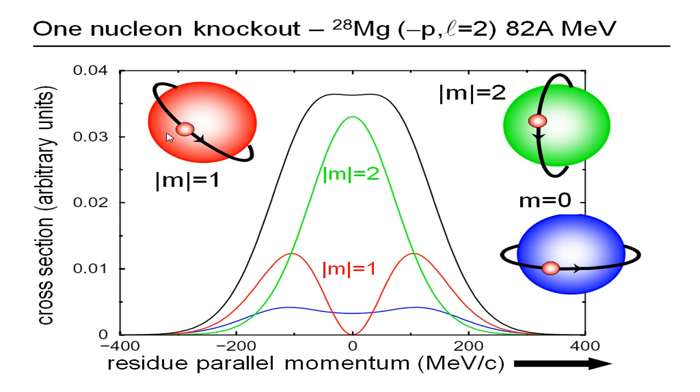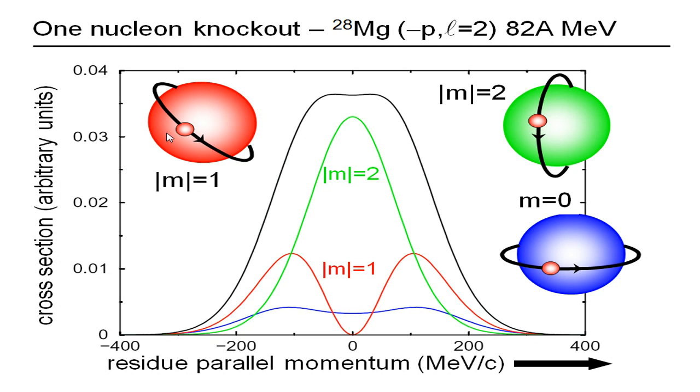If the projection is like this, and the orbit is like this, and this is the beam direction, then clearly there's very little momentum in this direction, and so the momentum distribution is rather narrow. Whereas if you're in a projection with a very small value with respect to the beam direction, then the particles are moving in the beam direction, and then the distribution, the blue one there, is rather wide.